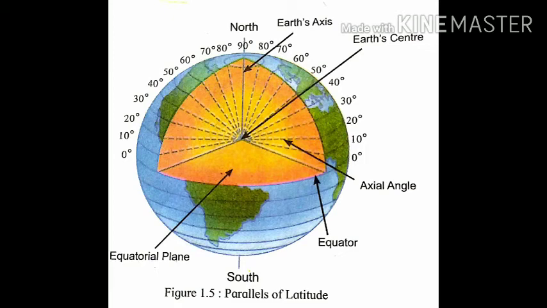For example, 10 degree north will be indicated as 10 degree N. 20 degree S will be used for indicating 20 degrees south. Now, we will study the concept of angular distance.